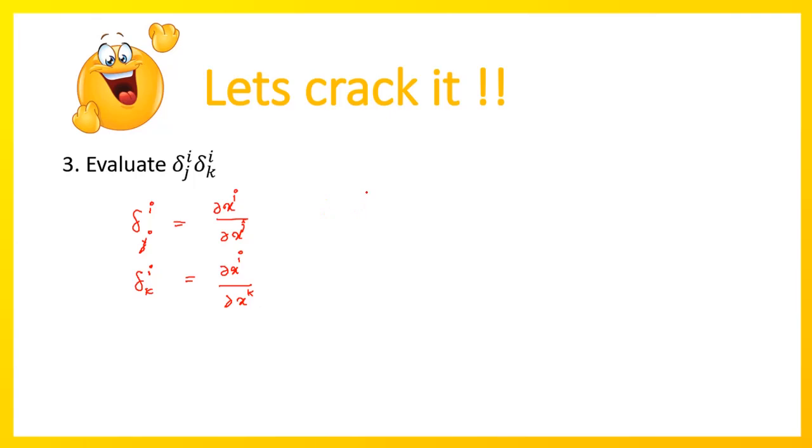So what we have here is δ^i_j into δ^i_k, which is ∂x^i divided by ∂x^j into ∂x^i divided by ∂x^k.